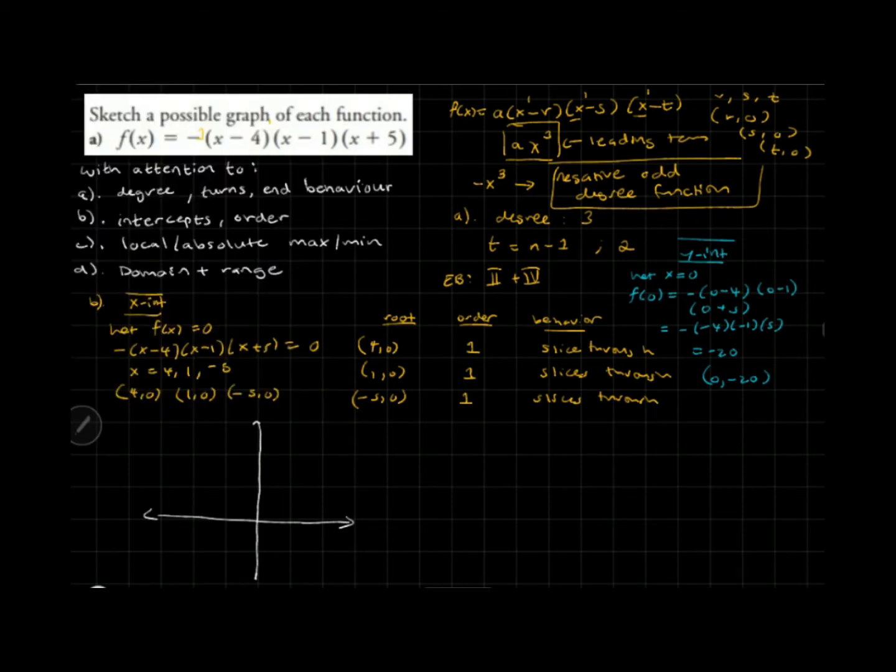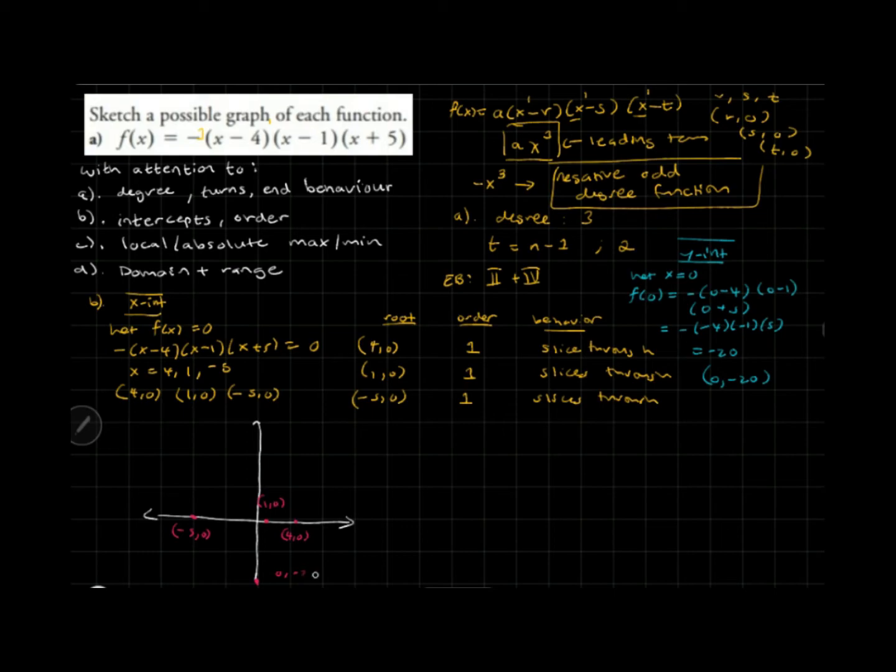We have 4 and 0, let's say it's right here. We have 1 and 0, let's say it's here. And we also have negative 5 and 0, which is here. It's not drawn to scale, I know, but try to make it as much to scale as possible.